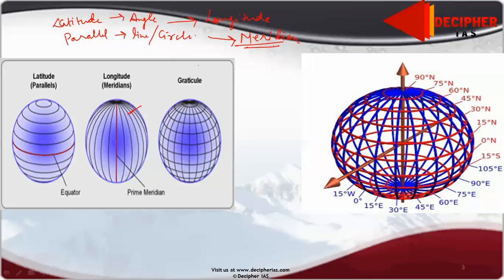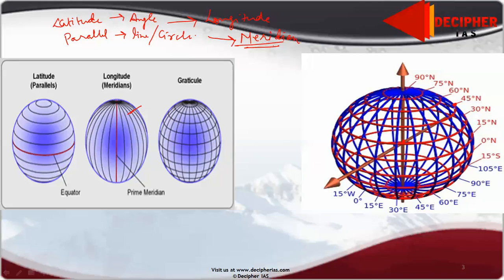If we take it in terms of angle, see, are you able to see the center of this right diagram of the globe? It's like an empty shell with a grid system that I told you was an imaginary grid system. This is the center of Earth. Suppose we have to find out the position of this point.